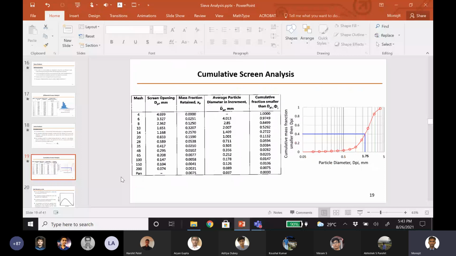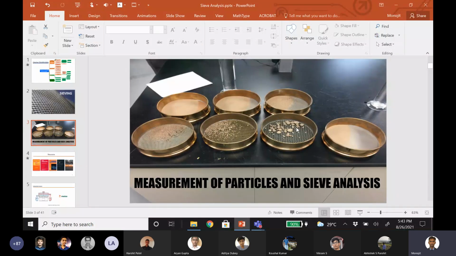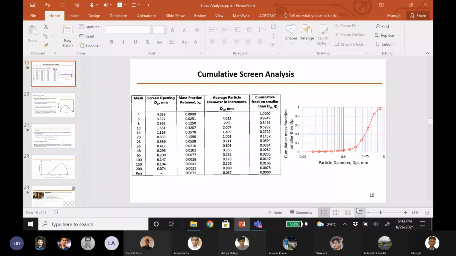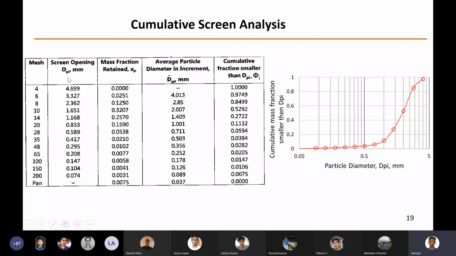If you weigh all these masses and divide by the total weight, you will get the mass fraction retained on a specific screen. So these three things you will get from the experiment.